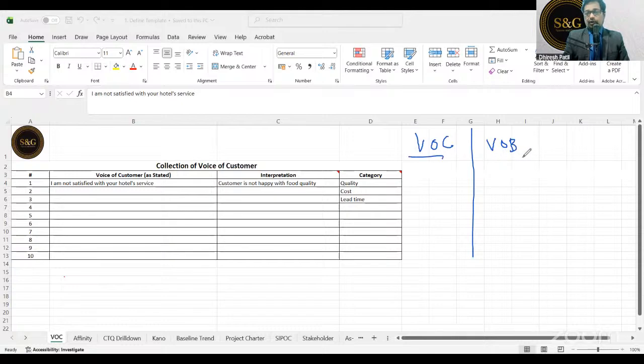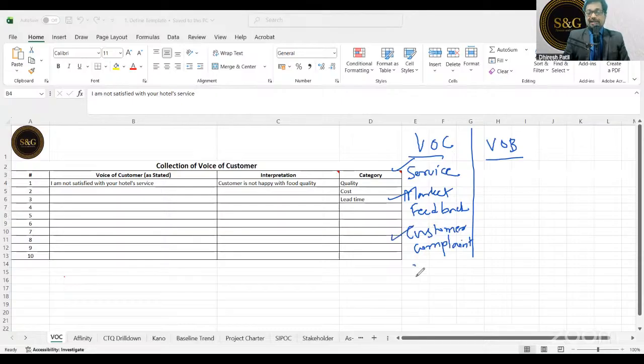For example, there is service related complaint, service related feedback, market feedback, or customer complaint, or you have sales return.